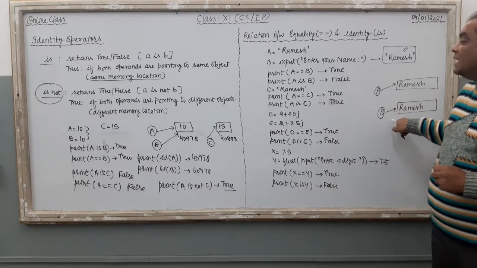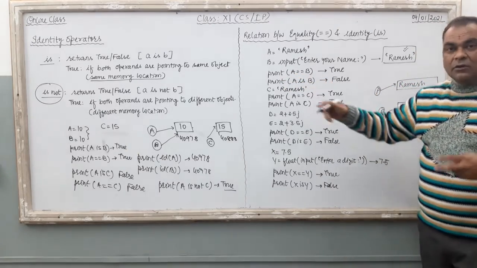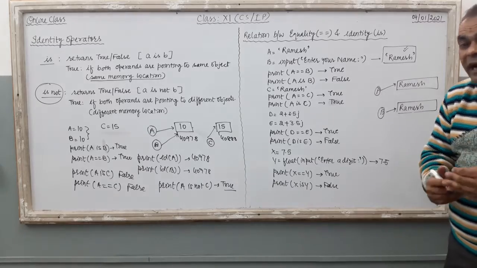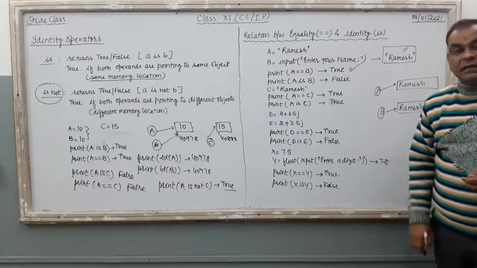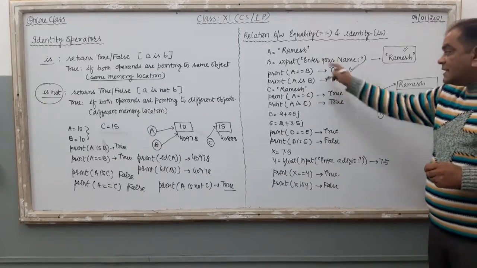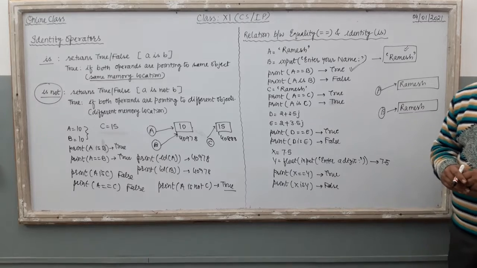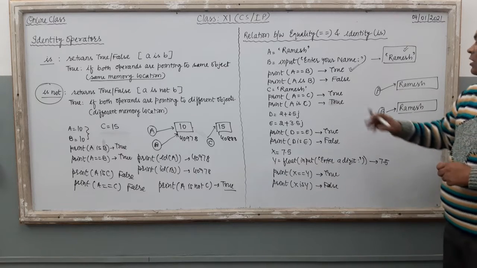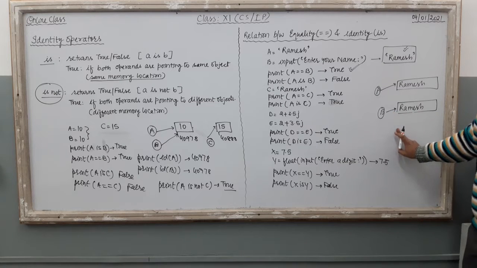Right? For this specific condition, if you use print A equal to B, the computer is going to compare the values of A and B. Both the values are equal, Ramesh. So here you will get a true result. And instead of that, if you use print A is B, it means A and B are not at the same memory location.